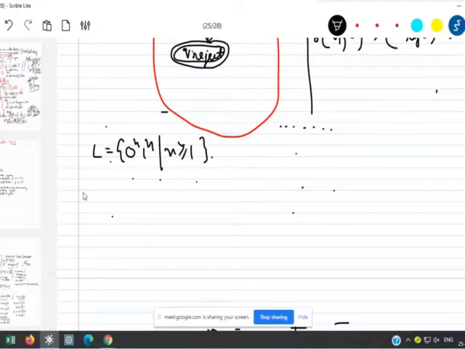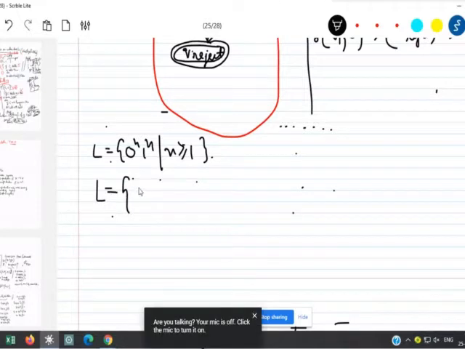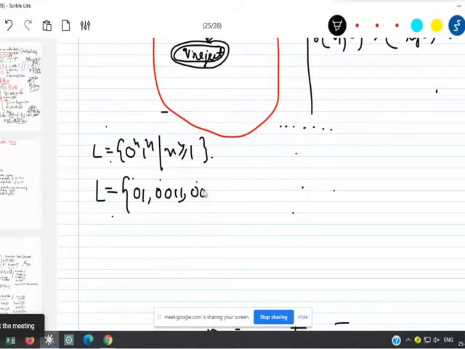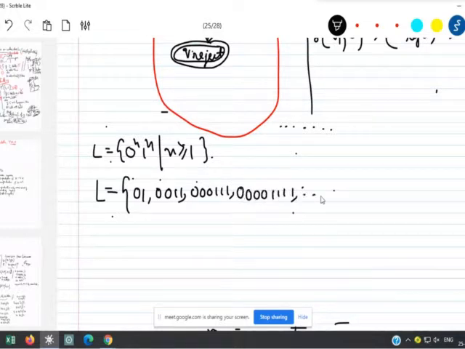Before I begin designing the Turing machine, let's first try to understand this language. The number of zeros is equal to the number of ones. So 0 1 will be accepted, 0 0 1 1 will be accepted, 0 0 0 1 1 1 will be accepted, and 0 0 0 0 1 1 1 1 will be accepted.